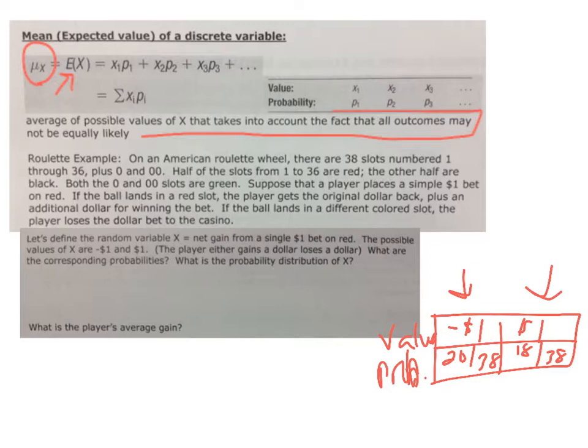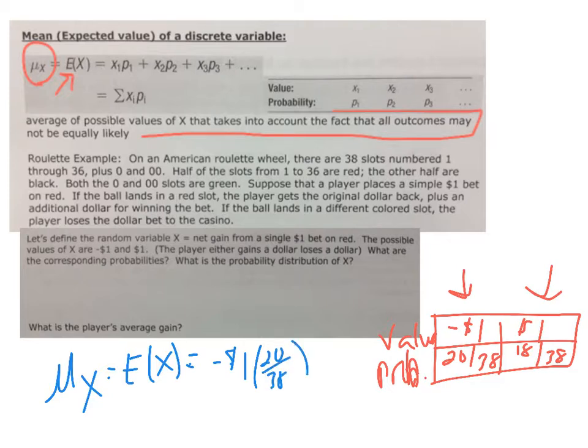So the average player's gain is going to be this, and I'm going to be using the formula that is above here. So the first value is -$1, and my probability of that happening is 20 over 38. So I multiply those two, right? And then I'm going to add that to my second value times the probability that that value could occur.